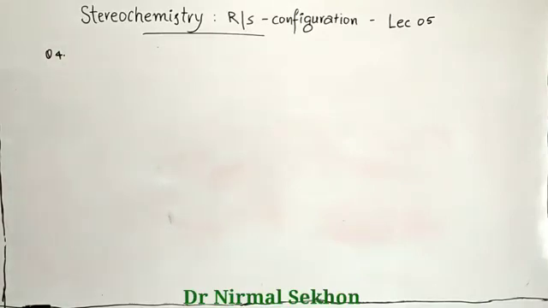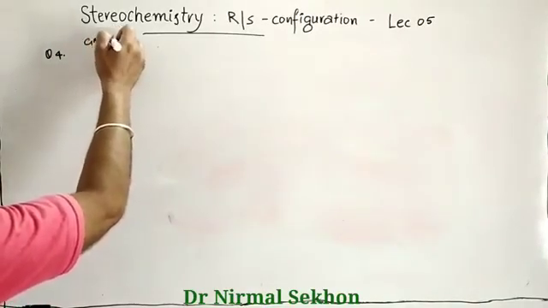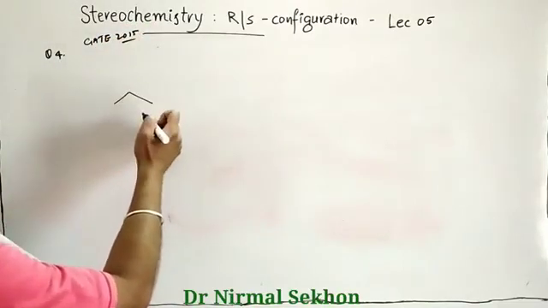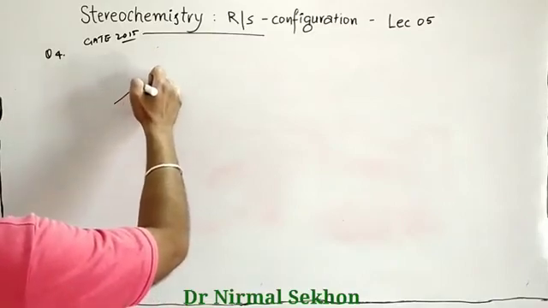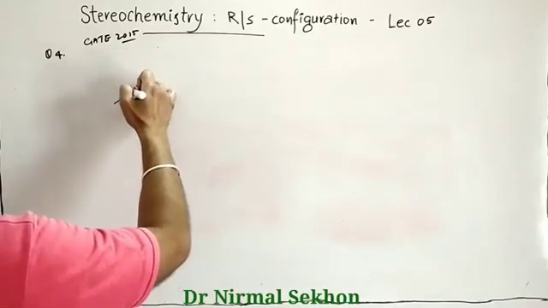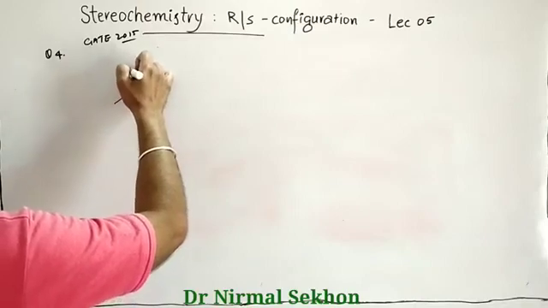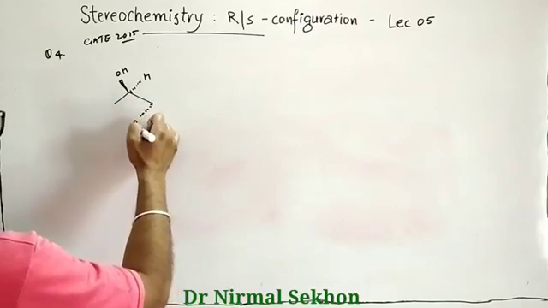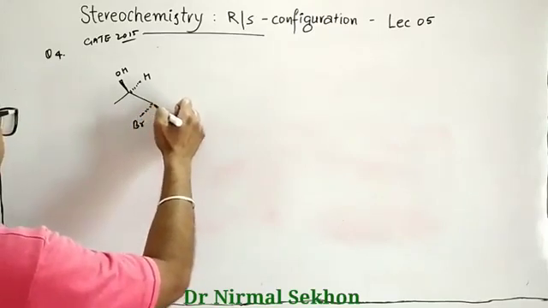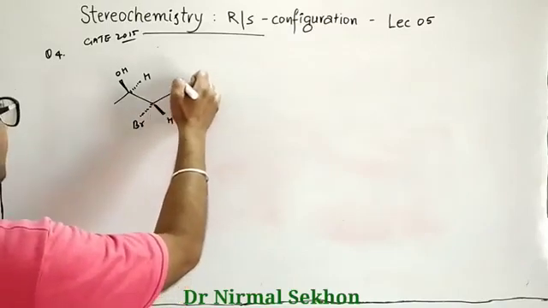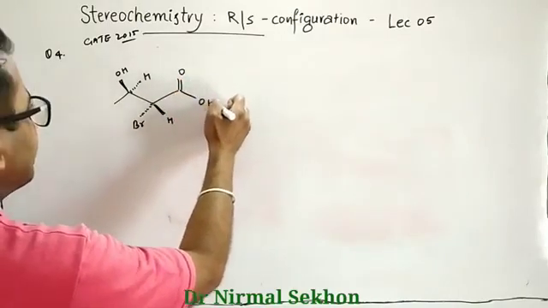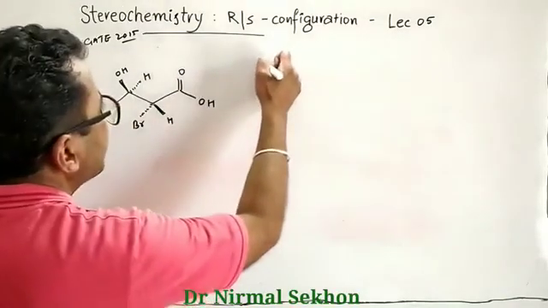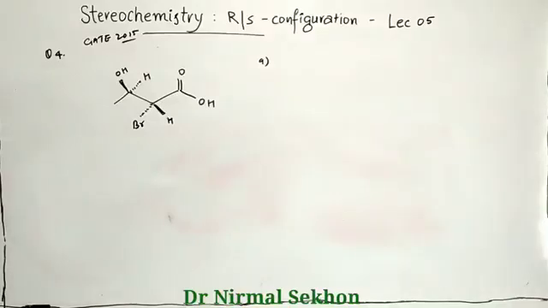The compound given is, this is from the GATE paper, you know, GATE 2015, and it's like this. Br, here we have hydrogen and acid, this one. The question is, what will be the configuration of C2 and C3?